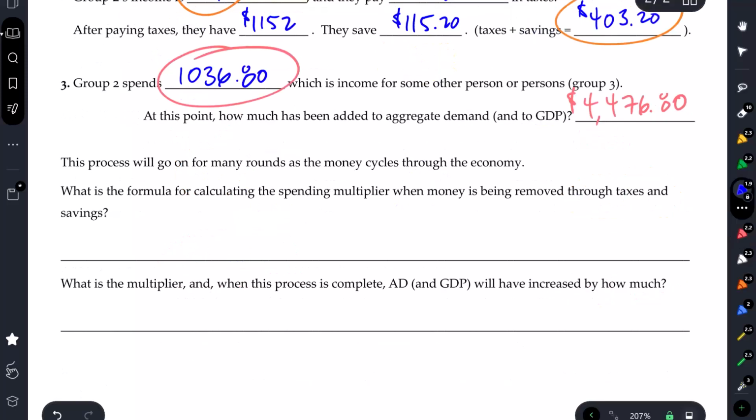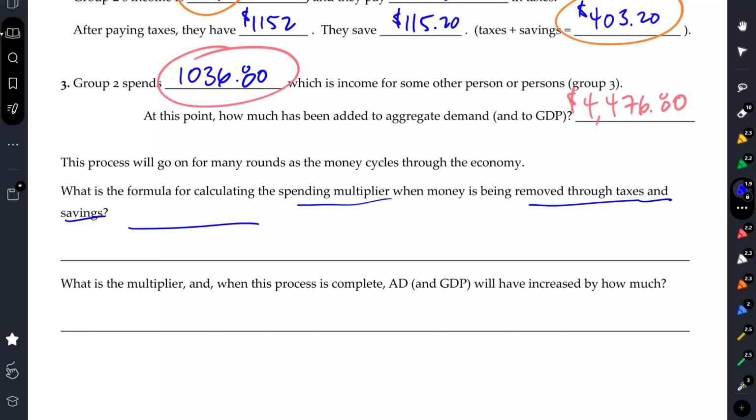All right, now what is the formula for calculating the spending multiplier when money is being removed through taxes and savings? So this is in the reading, of course, but let me give you actually a slightly different version of the same formula.